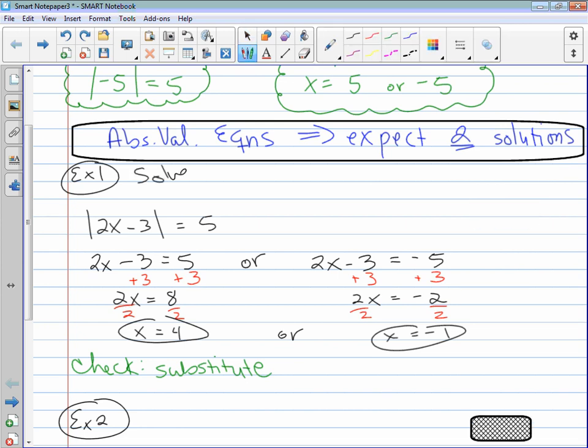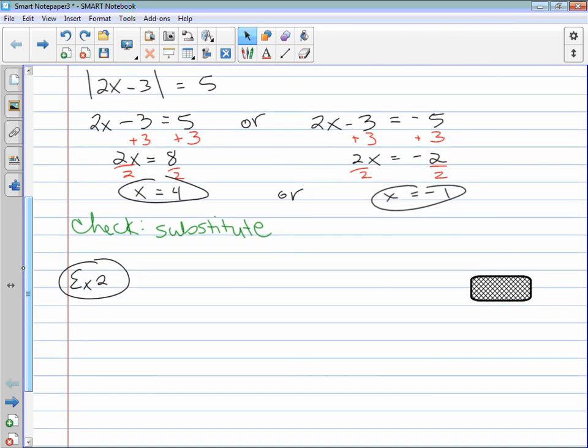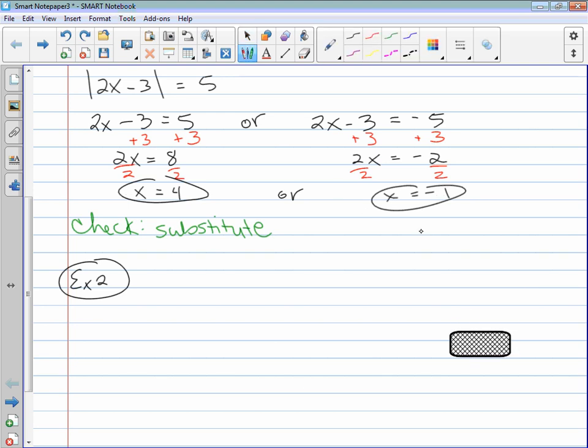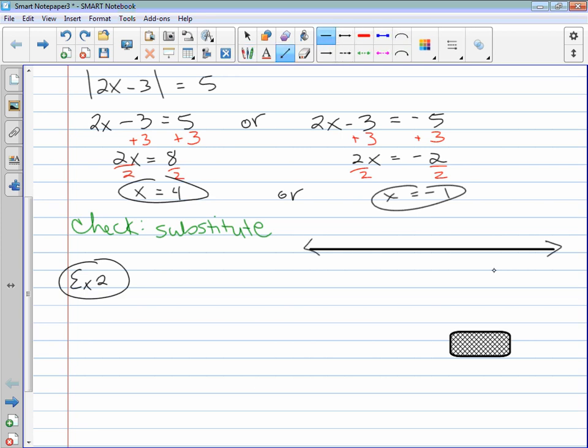Alright, well, the direction said solve. The other thing that you're going to have to do next week is graph on a number line. Yeah, it's not bad at all. This is actually really, really simple. For these type of problems, for equations, it's actually kind of silly. But if you had to graph it on a number line, all you do is draw a line. You don't need to go buku and throw a bunch of numbers on here.